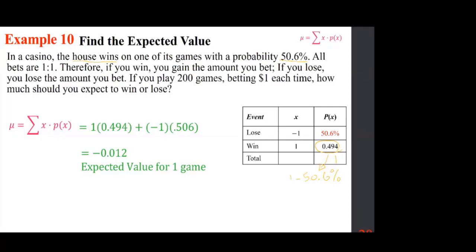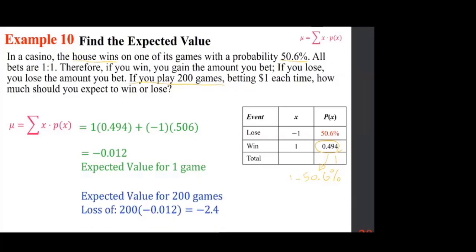And that's for one game. But if we did 200 games, we multiplied by 200. So the expected value for 200 games would be the loss of 200 times the amount we found, which was negative 0.012.